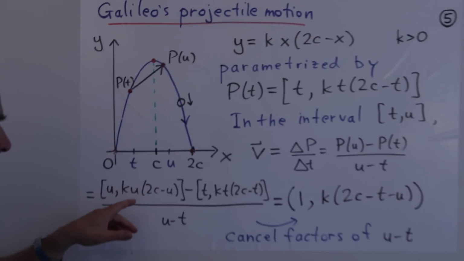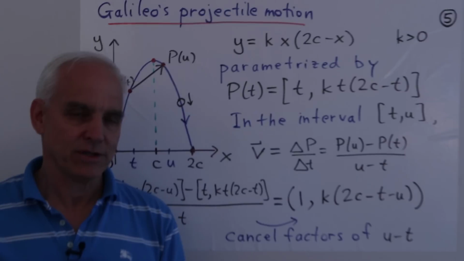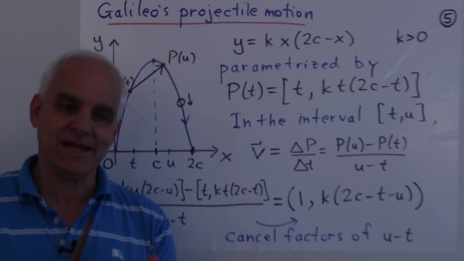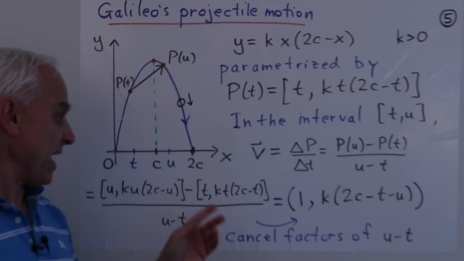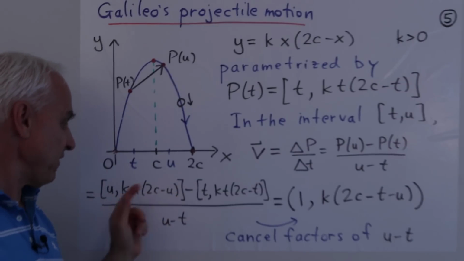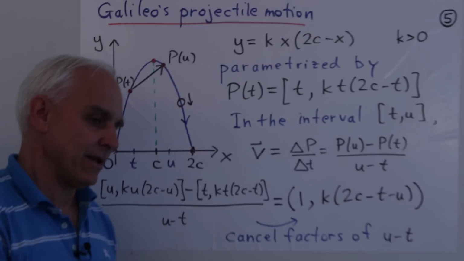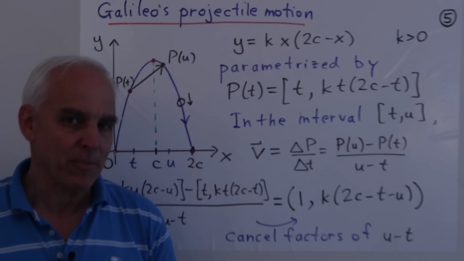And if you write it out, you will see that there's also another u minus t factor, which doesn't surprise us because when t and u are equal, we expect the difference here to be 0. So there's going to be a u minus t factor in the second coordinate, the y coordinate, that will also cancel with the u minus t on the bottom.